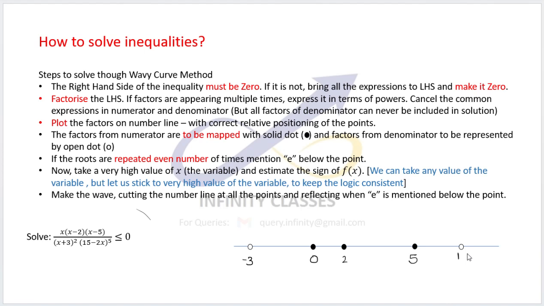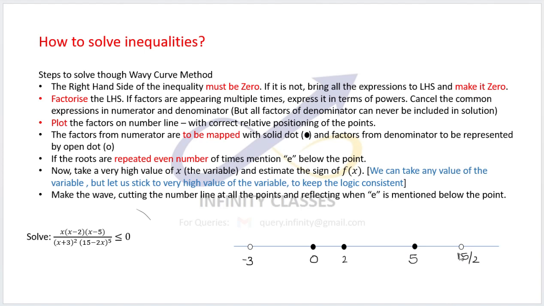I'm writing the points of all the factors in the numerator and all the factors in the denominator separately. I have found all the factors: x equal to 0 is one of them, x equal to 2, x equal to 5, x equal to minus 3, x equal to 15 by 2. All of them I have plotted on the number line.